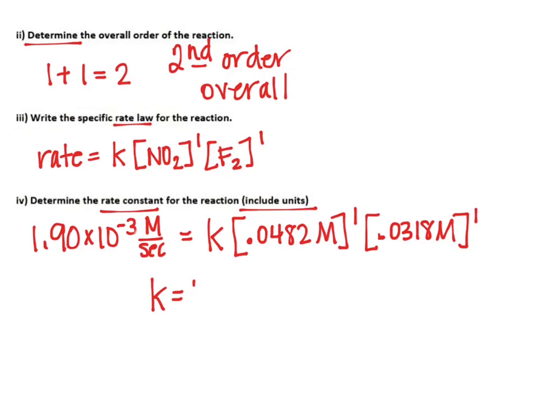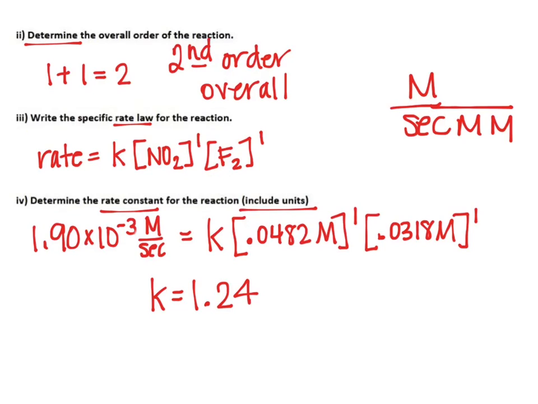1.24. So K is 1.24. The units. So let's take a look here. If we have m over seconds, and then we divide by m squared, the m's go away.